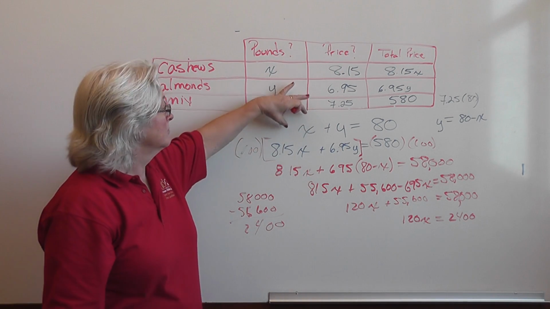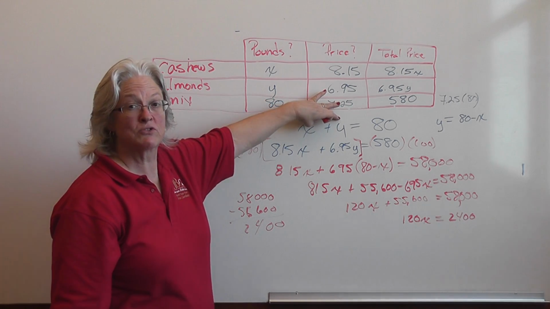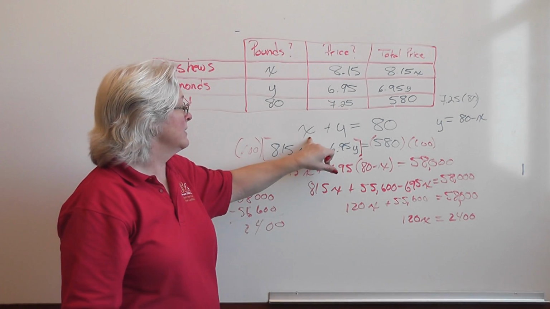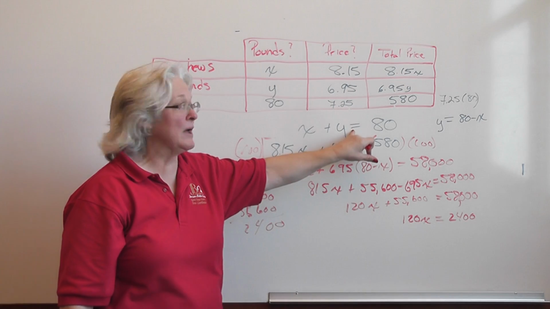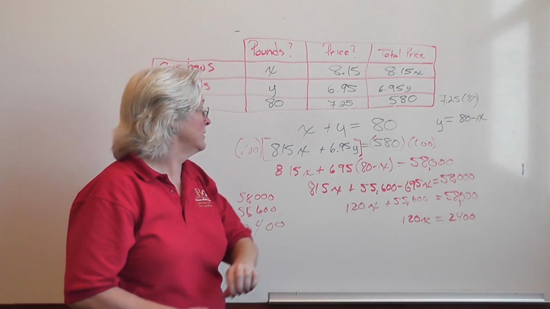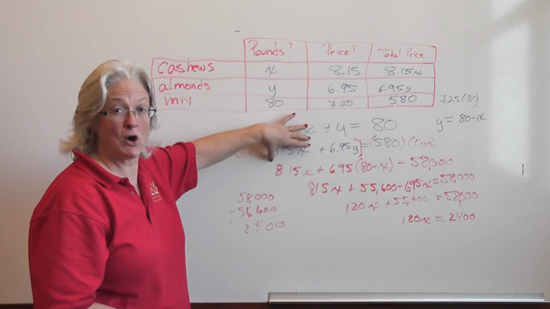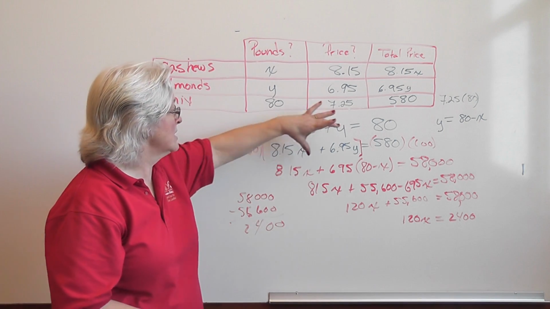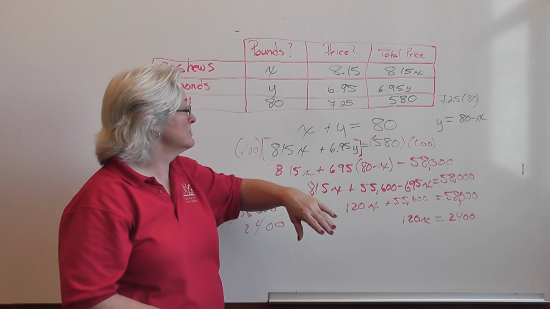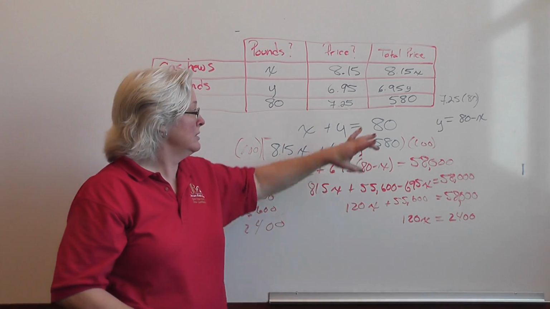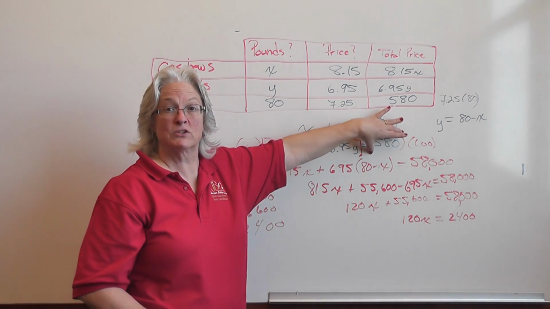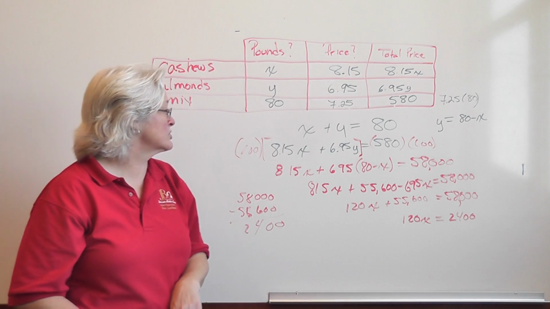What did we do? We came up with our first relationship here that the number of pounds of cashews plus the number of pounds of almonds is the total pounds of nut mixture. We now have the value or the cost of the cashews plus the cost of the almonds is the total cost or the total value of that nut mixture.